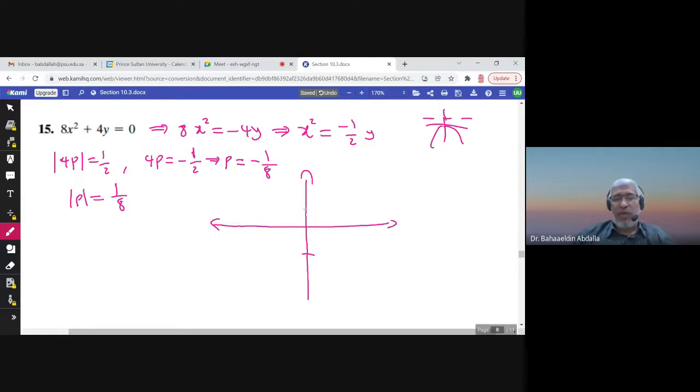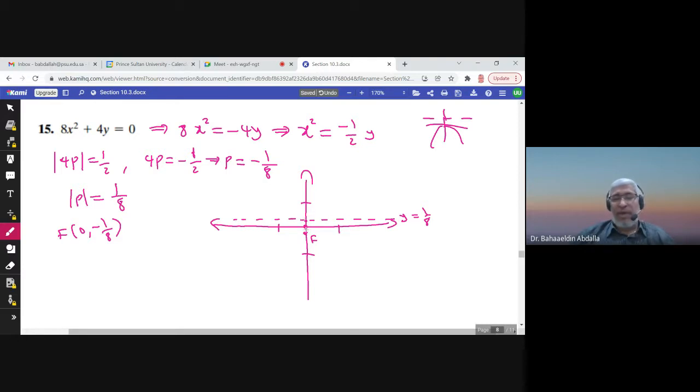Now if this is 1, I go 1 over 8 units. 1 over 8 units. So the equation of the directrix would be y equals 1 over 8. And the focus has coordinates 0 and negative 1 over 8.